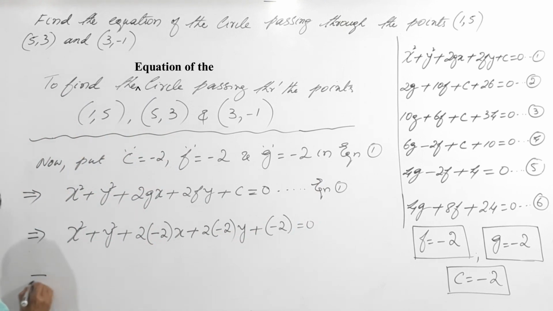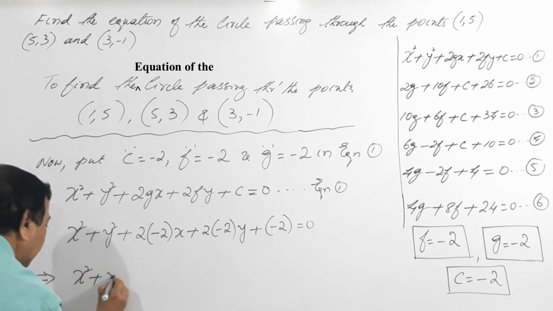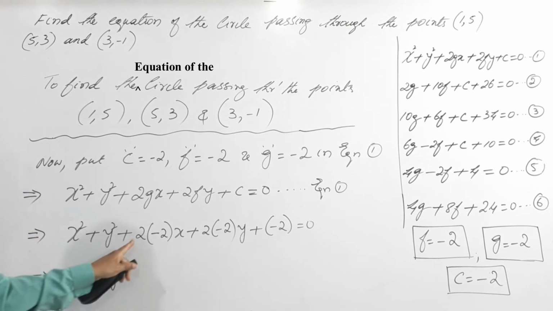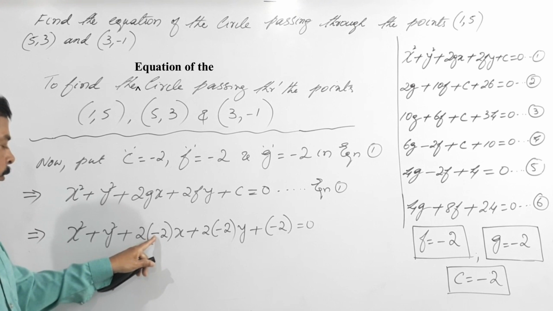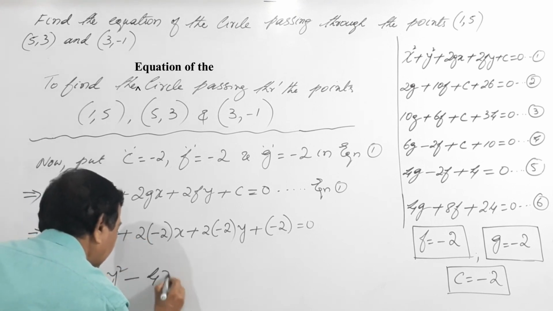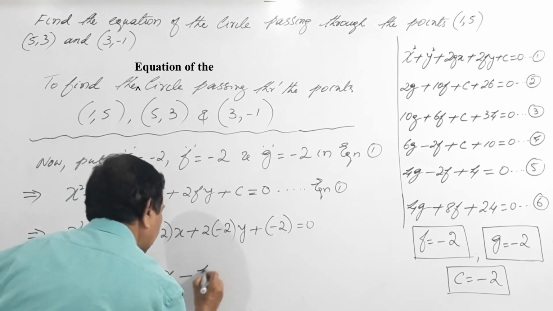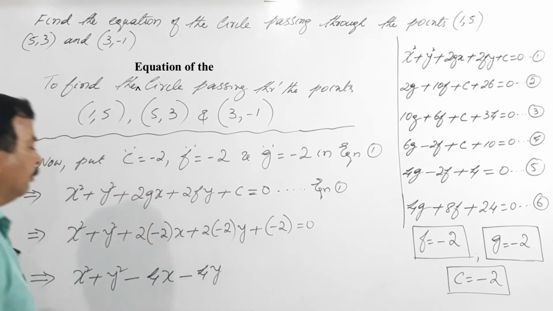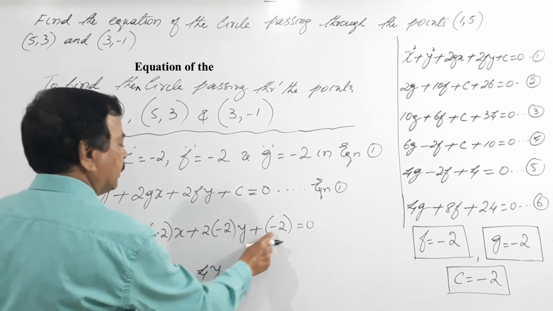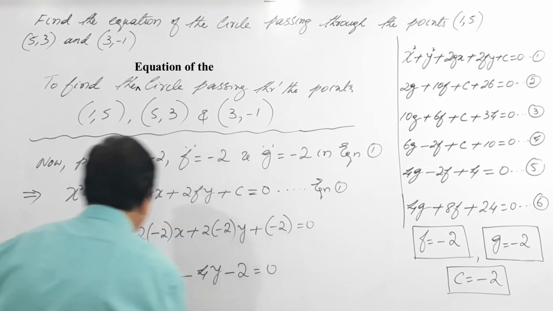So what happens with this? This is x square plus y square. 2 into 2 is 4. So we have minus into plus, minus 4x, again minus into plus, minus 2 into 2 is 4, minus 4y, minus into plus is minus 2 equals 0.